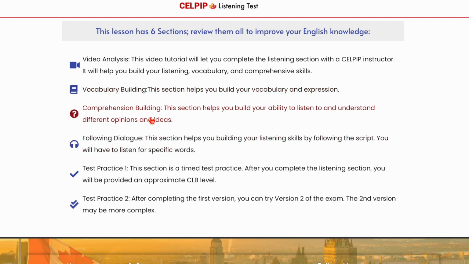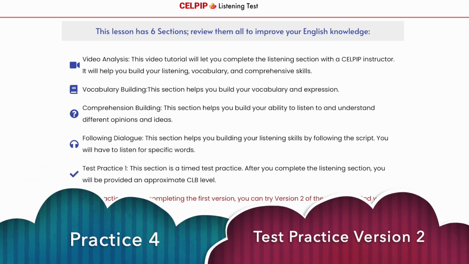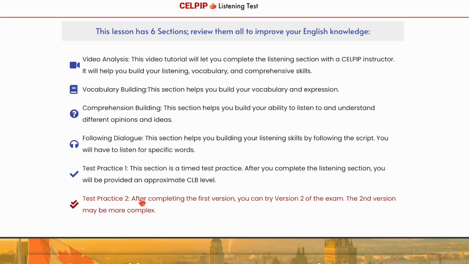These are really great exercises to help you build your comprehension and listening skills. And lastly, let's do version 2. Now, version 2, it's the same listening, so you can practice listening to this audio. And also, you can practice questions. There's different questions and answers. Okay, so strongly recommend that.